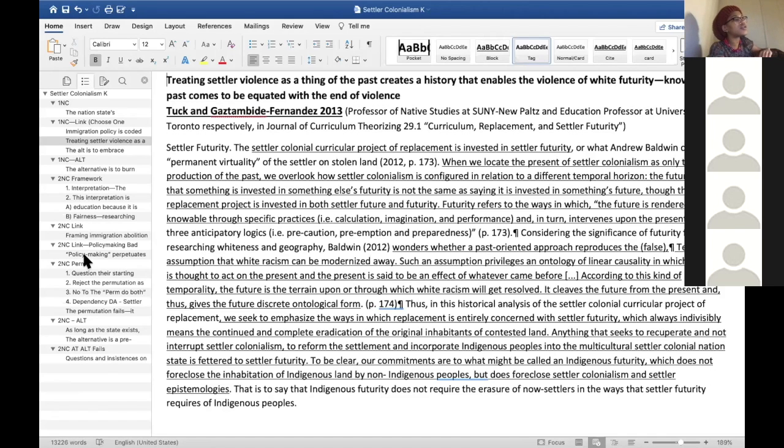And I would encourage you to start from the very beginning, with some of the foundational understandings about what settler colonialism is, and then bring it back to abolish ICE so that the judge and your opponents, honestly, are able to understand why addressing settler colonialism is a necessary prerequisite to being able to solve for the problem of ICE and immigration in this country.